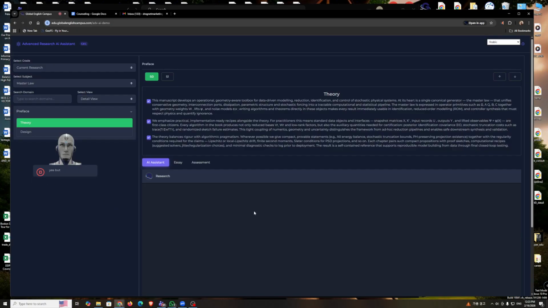Yes, but I'm also interested in how the master law would focus not just on, for example, the principal components, but on the principal components that are energy stable. That's a great point.